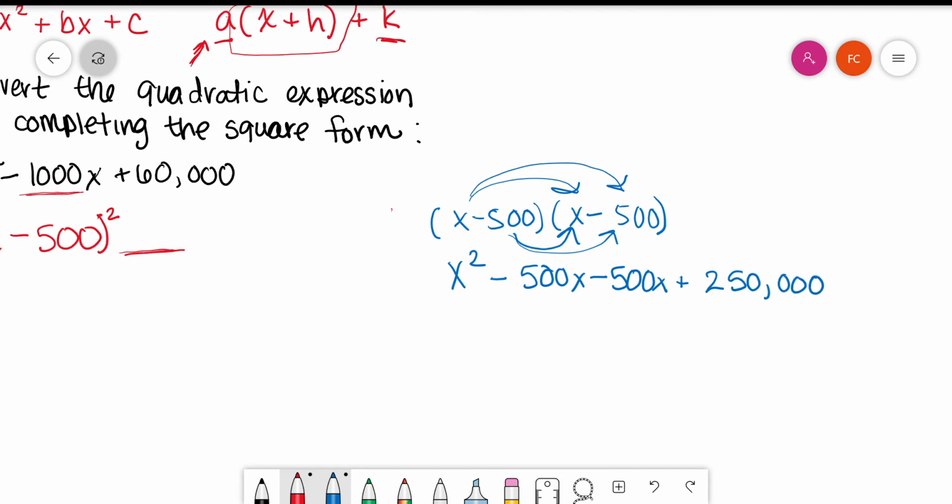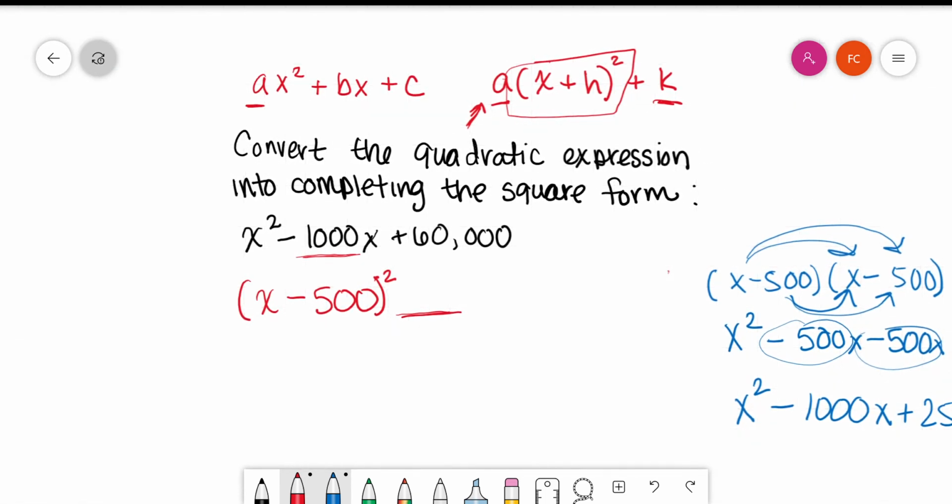All right, and then we can go ahead and combine like terms. We can combine this negative 500x and negative 500x. And so we're going to have x squared minus 1,000x plus 250,000.